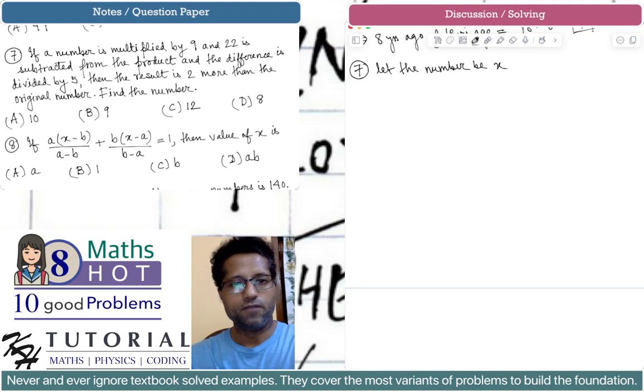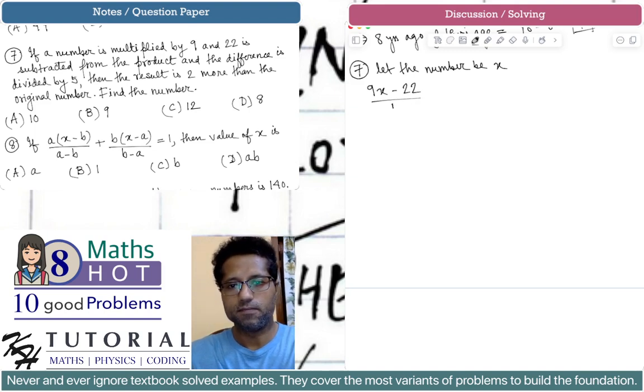Okay, so if a number is multiplied by 9, and 22 is subtracted from the product, that product means 9 multiplied by the number, which is 9x. When 22 is subtracted from the product, we got 9x minus 22, and the difference, 9x minus 22, is divided by 5.